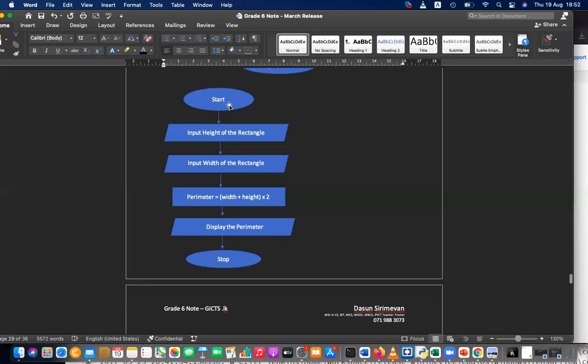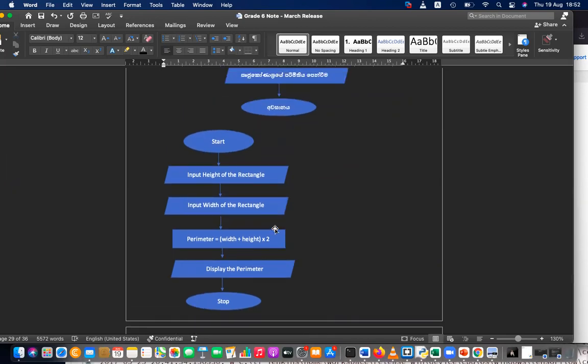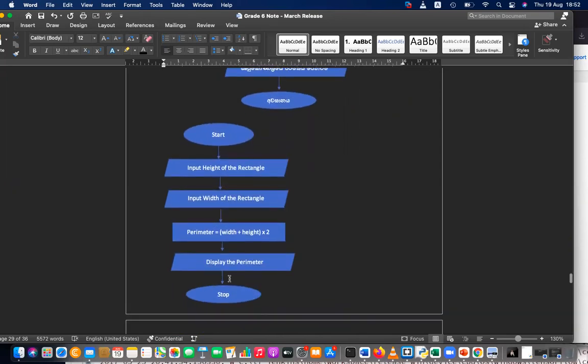Here: start, input height of the rectangle, input width of the rectangle. Then perimeter equals width plus height, times 2. Display the perimeter. This is the answer for that question. Did you finish drawing both this one and the previous one, or are you still doing it?